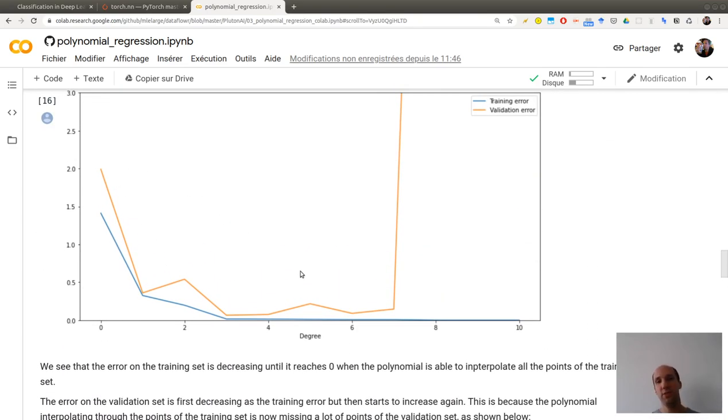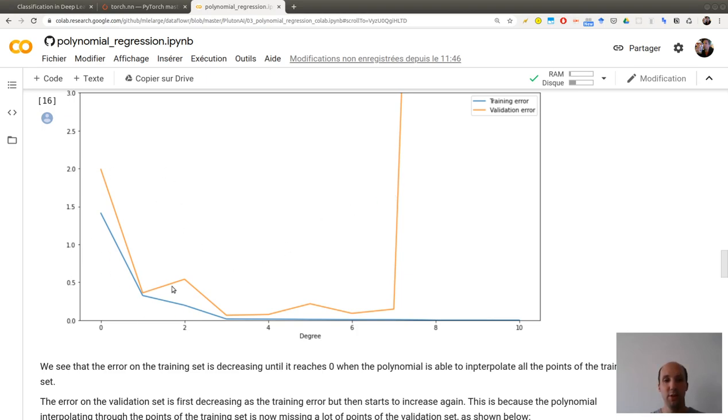So now, based on this, you need to decide which polynomial you want to pick. What seems to be a clever idea is to pick a polynomial which is optimal for the validation error.